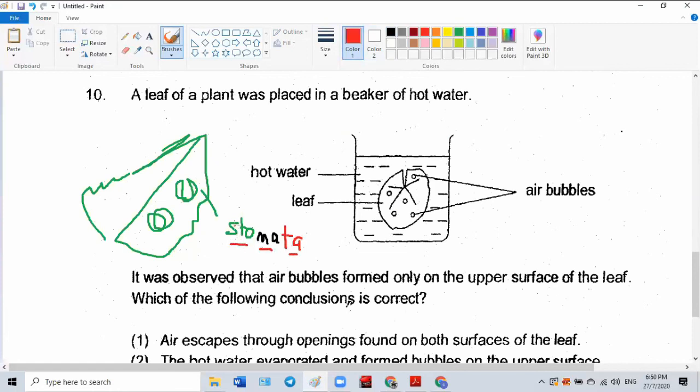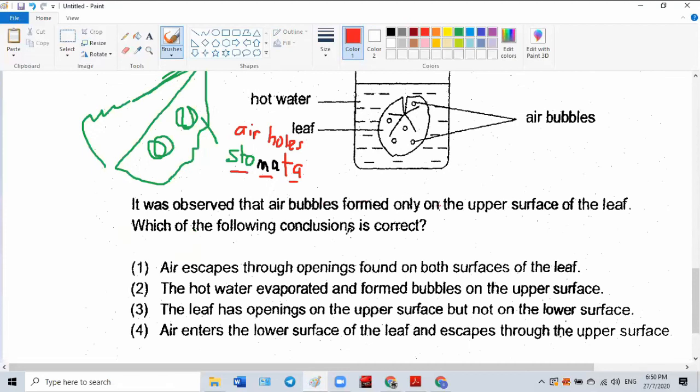Stomata, the air holes. Because got air inside, these air holes will give out the bubbles. Get it? It forms only on the upper surface of the leaf. That means the stomata are found on the upper surface.